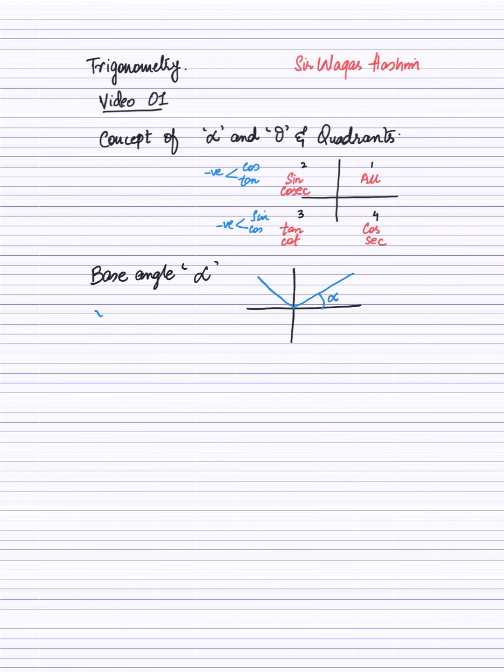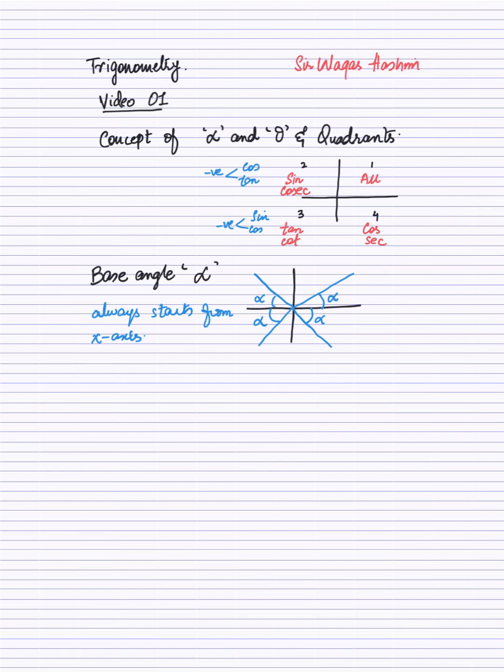In my second quadrant, that is my base angle alpha. Third quadrant alpha, and fourth quadrant alpha. So what is alpha? Alpha always starts from the x axis, or you can say it always measures from the x axis.